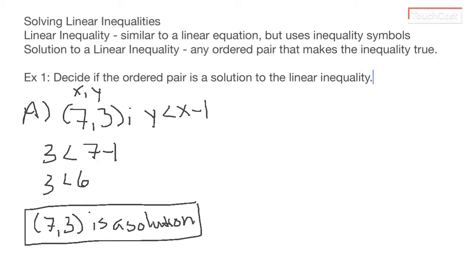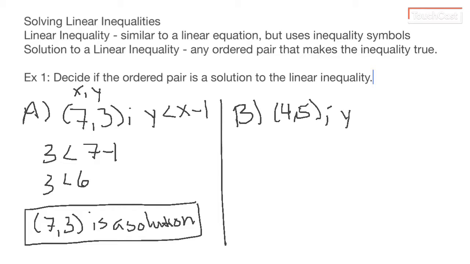Let's look at one more. Let's see if the ordered pair (4, 5) is a solution to the inequality y is greater than 3x plus 2. Again, we replace the x and the y with 4 and 5. Is 5 greater than 3 times 4 plus 2? If it is, then this ordered pair is a solution.